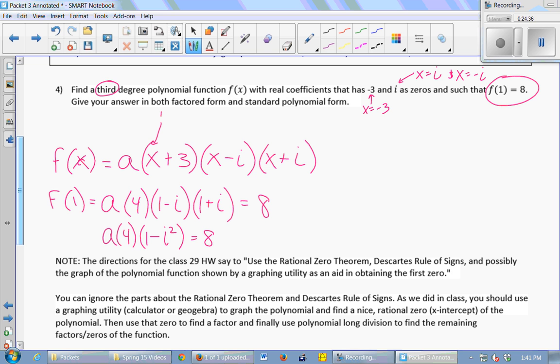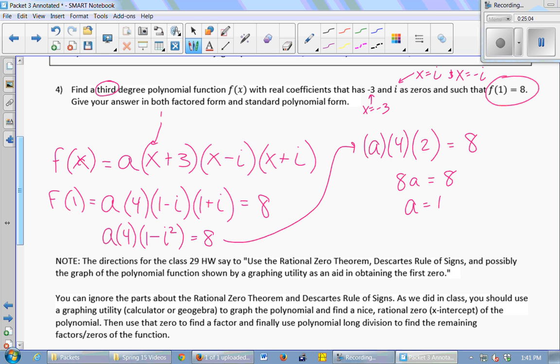But what was i squared again? -1, yeah. So I've got a times 4 times 1 minus -1, which is 2. So this says 8a equals 8. So what's a? 1.